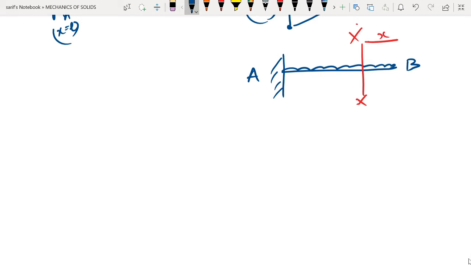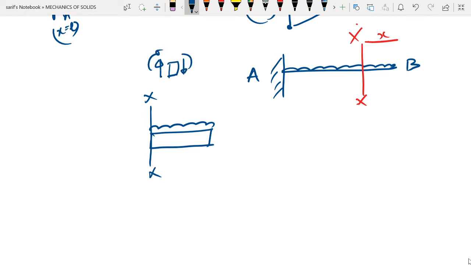If we try to draw the free body diagram, it is going to be like this. This is your XX, and as we know, the face that we have to consider is this one. So this would be Vx and this would be Mx.